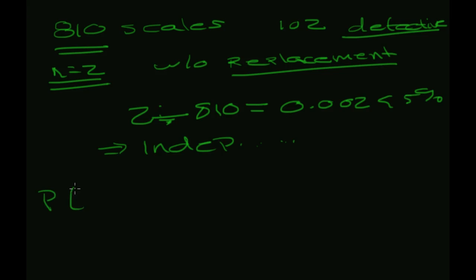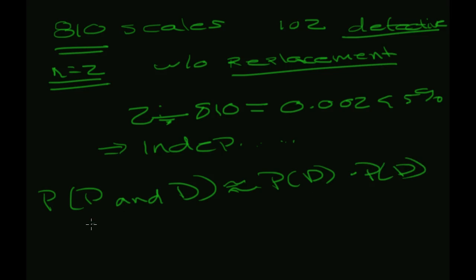So the probability of having a defective scale and another defective scale is going to be approximately the probability of having a defective scale times the probability of having a defective scale. This works out quite well for me because I know that both of these are going to be 102 out of 810 times 102 out of 810.